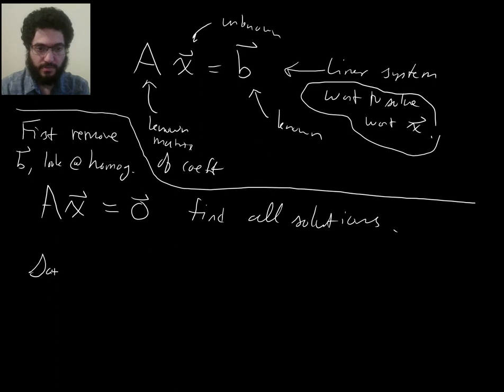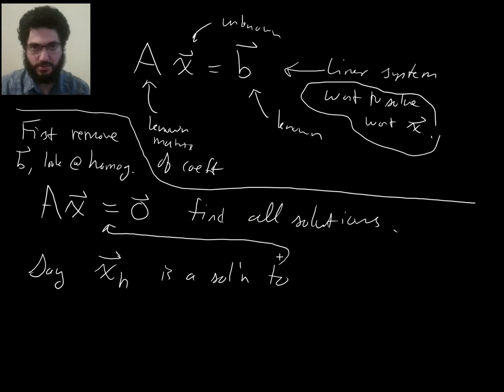Then, say you have a solution, let's call it x sub h, is a solution to this one, to the homogeneous linear system. So I'm saying x sub h because it's a solution to the homogeneous system. So what I mean by that is A x sub h is 0.